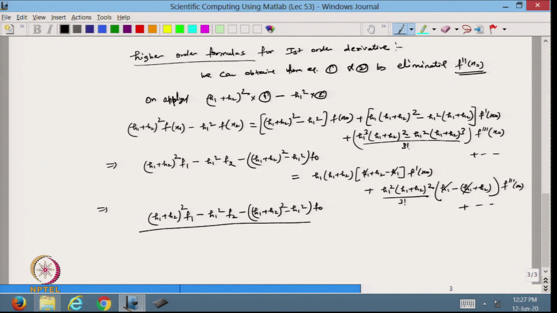Now what I do, I divide it by this factor. So this will be h1, h2, h2 and h1, h1 plus h2.